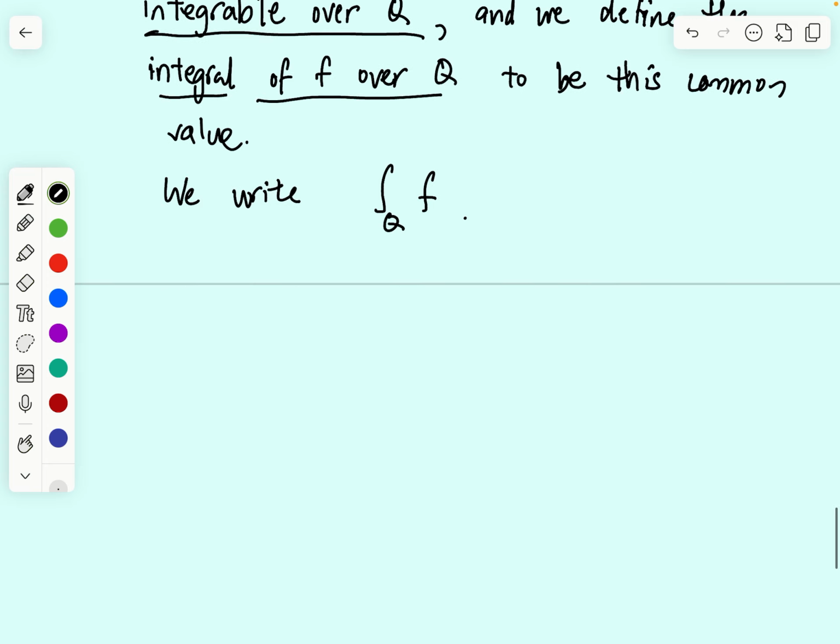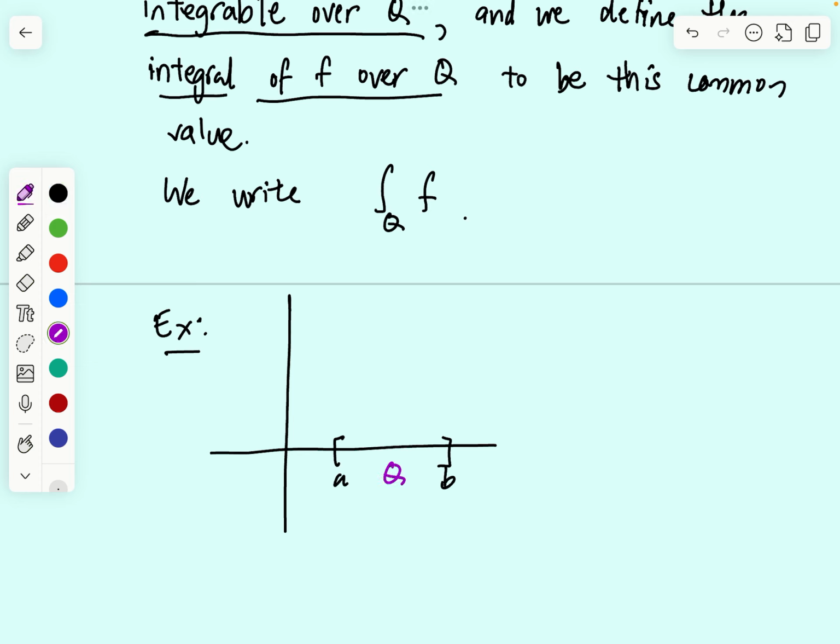So for instance, let's say that you have f from this closed interval. So this is your rectangle Q. So f is a function from R to R, or really just from the closed interval a to b to R. And you look at the graph of the function. Then what happens is that you have the lower sum.